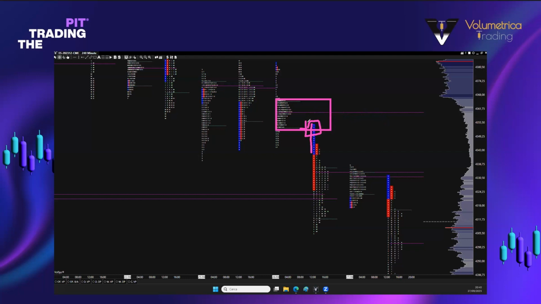Just by looking at the market profile, we don't know if the beginning of the A print was here, here, or here. We should also use this information.